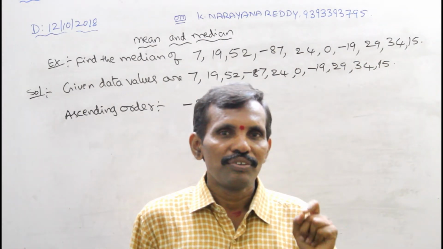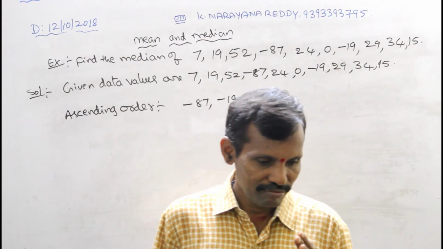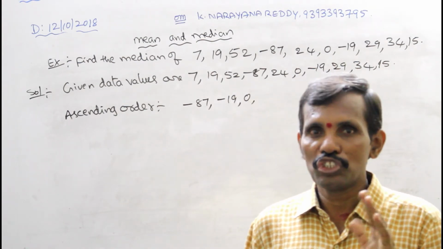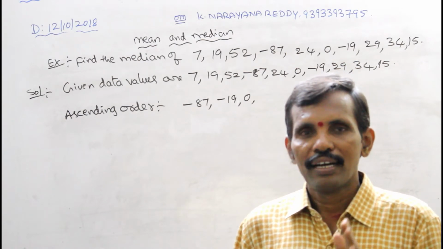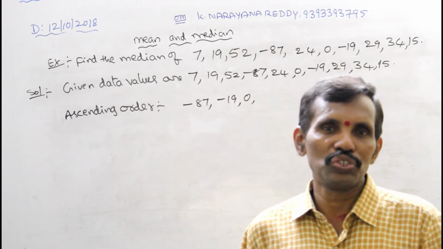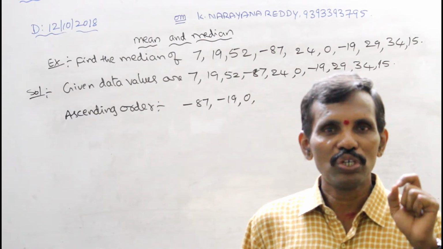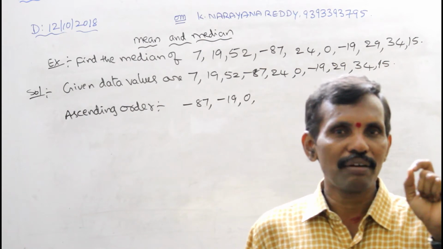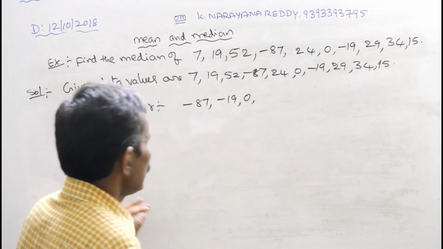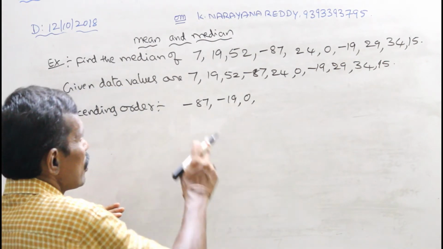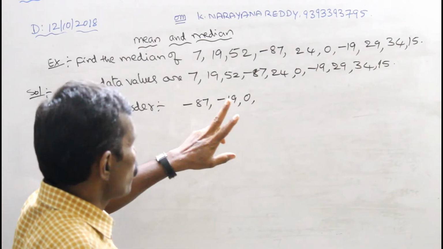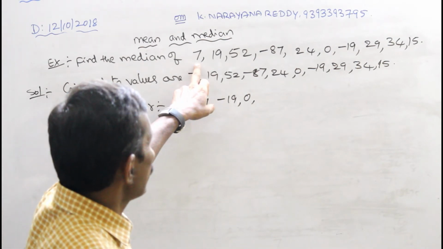Here, 0 means what? See, in integers: minus 3, minus 2, minus 1, 0, 1, 2, 3. 0 is always greater than negative values. Here we can see 0. Next, positive numbers start. Which is the smallest in positive numbers? 7.